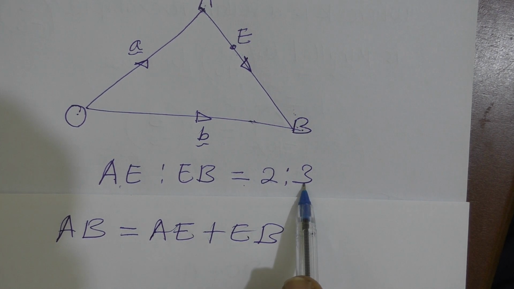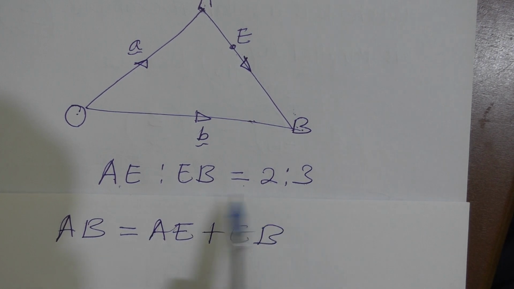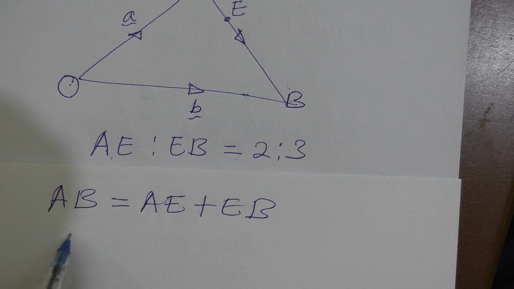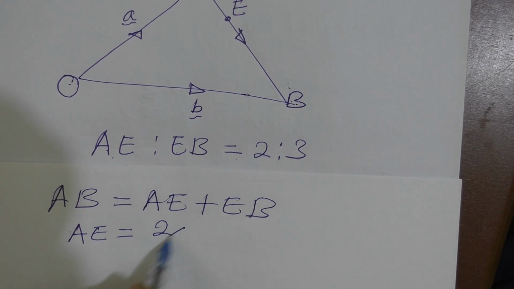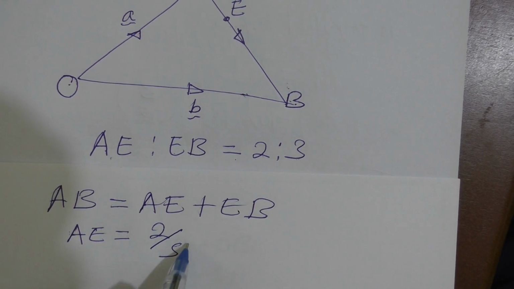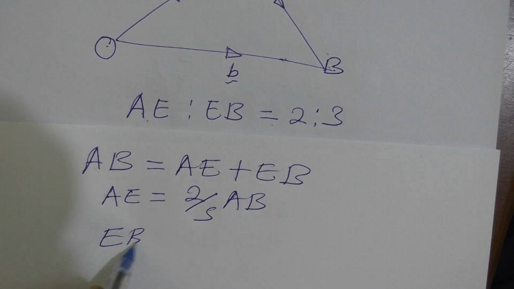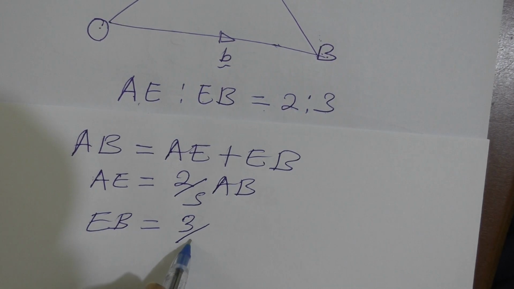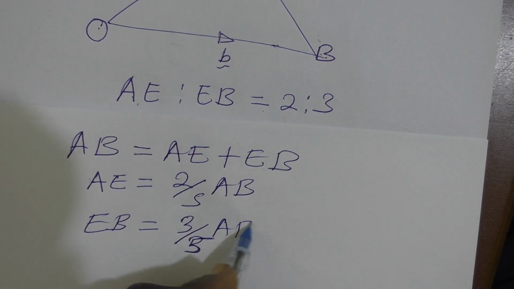And therefore, if AE to EB is 2 to 3, then AE equals 2 over 5 of AB, and EB is 3 over 5 of AB.